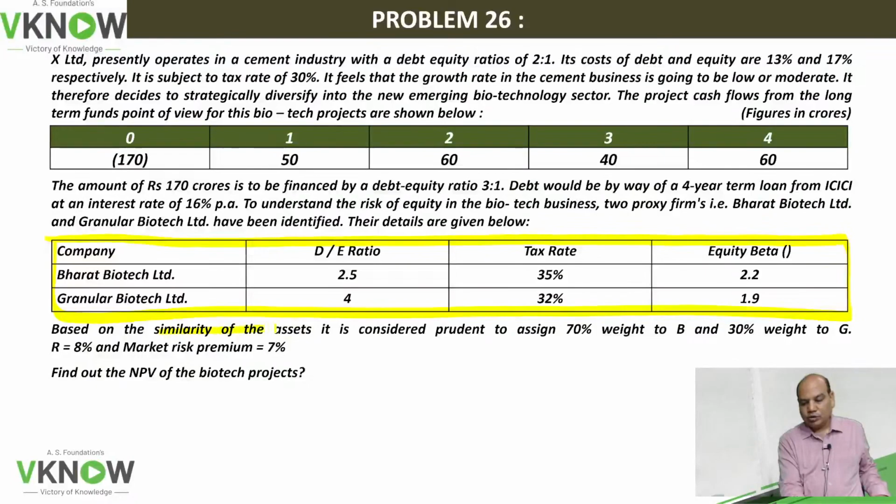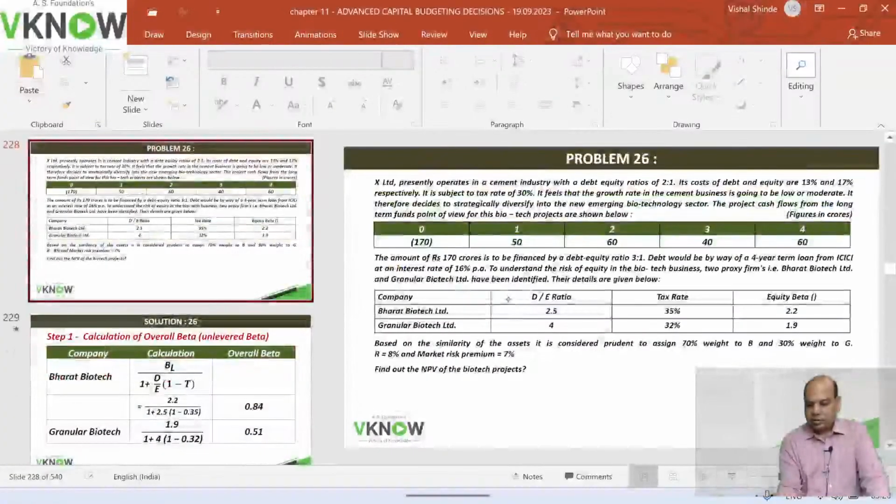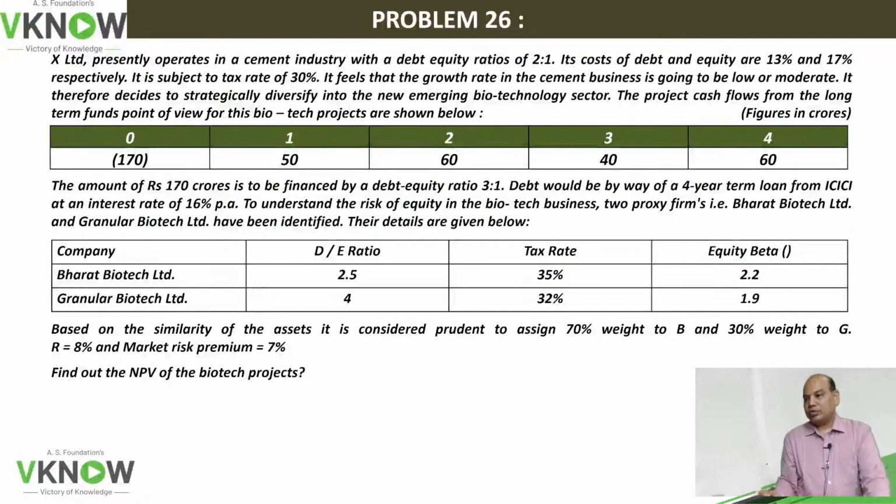Based on similarity of the asset, it is considered to assign 70% weight to B, B meaning Bharat Biotech, and 30% weight to G, G meaning Granular Biotech Limited. Then RF, the risk-free rate, is 8%.